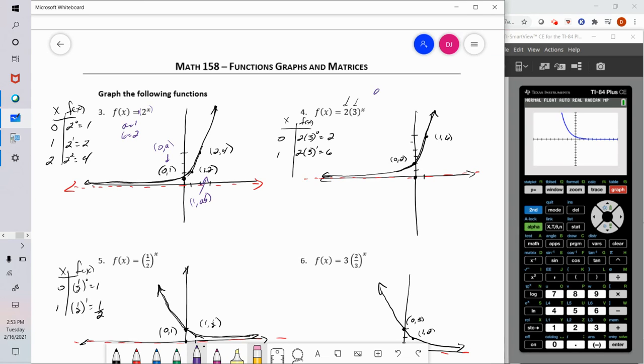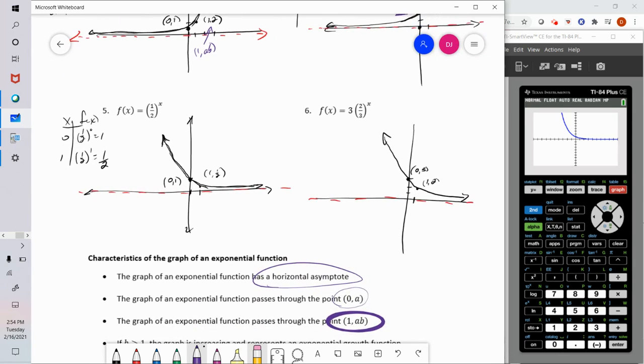In number 4, a is 2, and b is 3. Notice our 2 points are (0, 2) and (1, 6), because a times b is 6. In number 5, our a value is 1, our b value is 1/2, so ab would be 1/2.